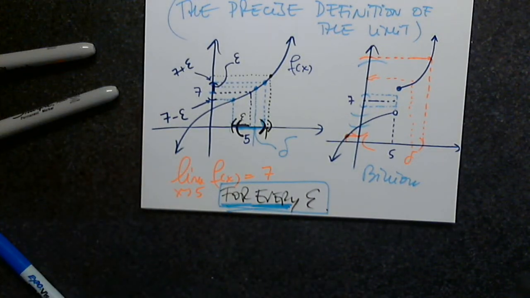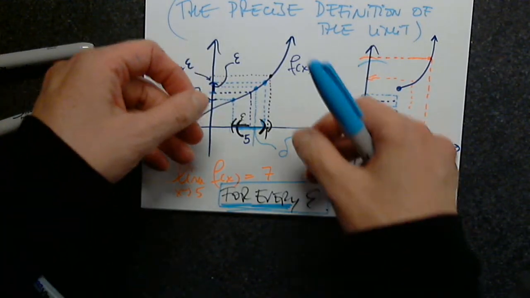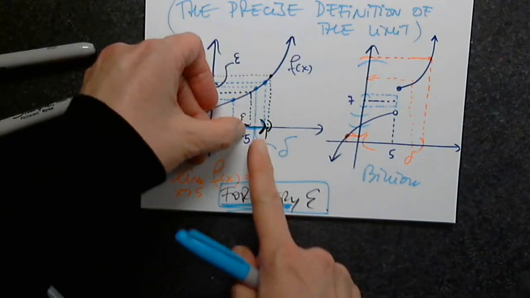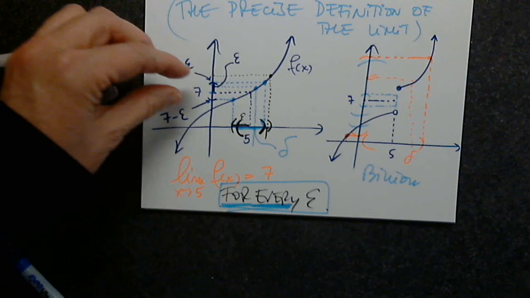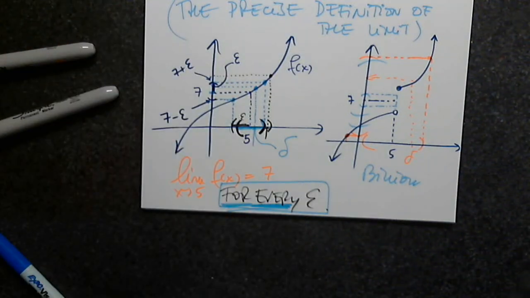So the limit does not exist, because I cannot show you the mechanism for every epsilon on the planet. I can only show you for a billion of those, but the limit does not exist. On that side, I can show you that mechanism works for every epsilon. And no matter how small you want it to be, you will always find a delta, so that when you pick x here, f of x will have a distance smaller than epsilon from the limit.